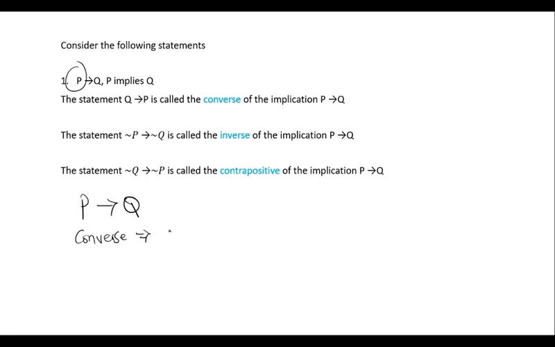That is, we now have Q implying P, as we have over here. So the statement Q implies P is the converse of the implication P implies Q.